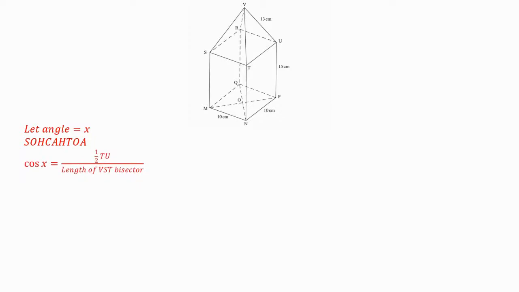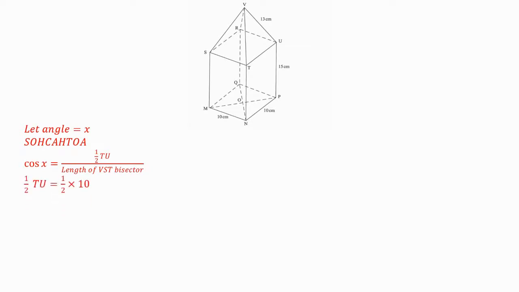We can use cosine since the length from the midpoint of RSTU to the midpoint of ST is similar to half the length TU, and the length from V to the midpoint of ST can be denoted as the length VST bisector.